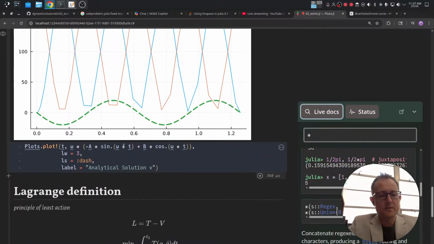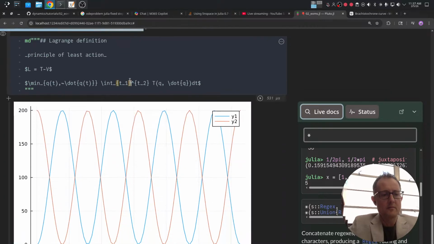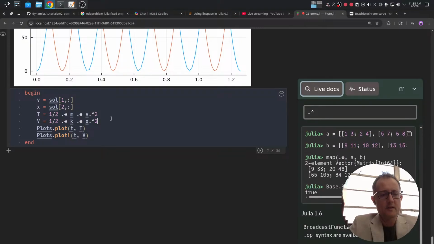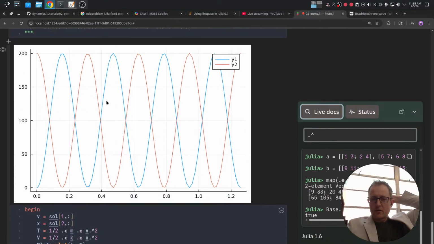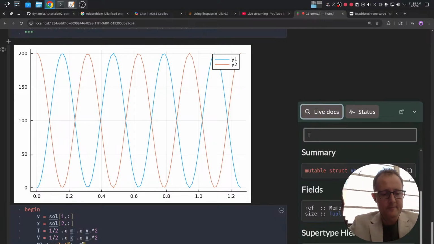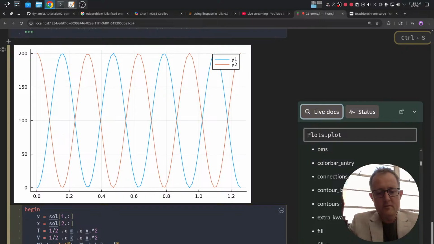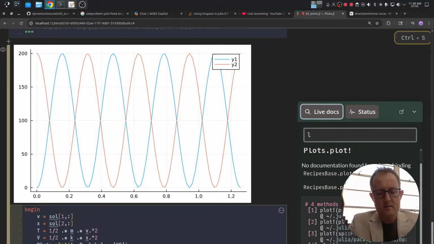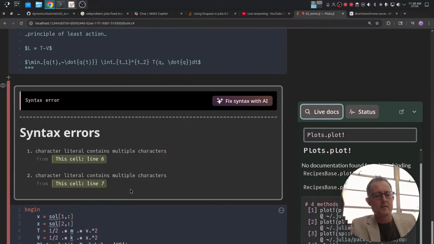And what happens when we do this one? And then coming back down here and running this one. Now we have a little smoother curve for that. Label KE and P. What?